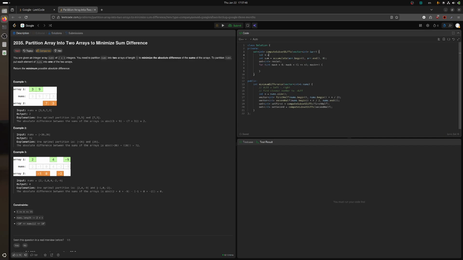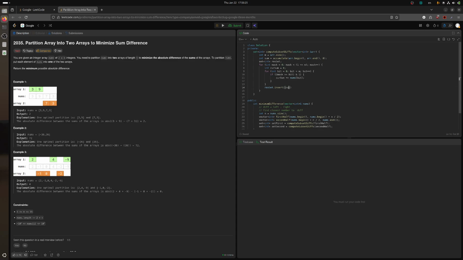Let's see what the array has. Or let it be M in this case. Let's call this bit. If mask shifted by bit and 1, it's in that subset, so current sum plus equals nums of bit, and then res set insert.